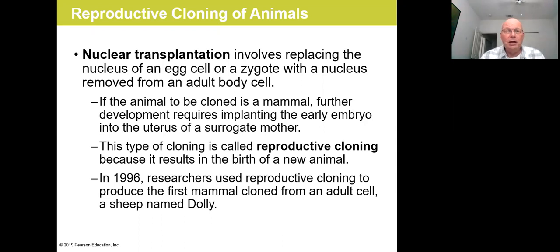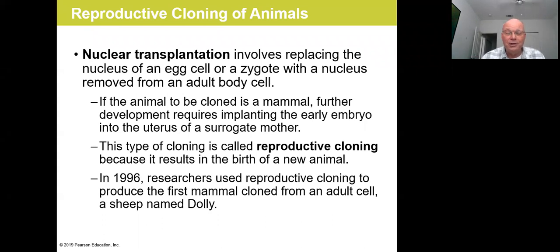This has been the gold standard for cloning animals, and it's taken a long time to get to the point where we're able to do it. So the note here says, and the textbook points this out, that Dolly, the first mammal to be cloned using a nucleus from a non-reproductive cell, was generated in 1996.